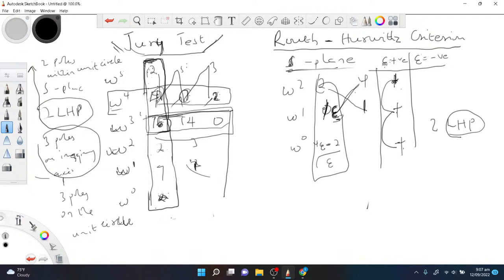And then you take epsilon to be either positive or negative. Please take it to be positive, so it's easier that way. You take it as positive and then you check. So this number here is 2. 2 is already a positive number, so positive. I say epsilon is positive, so positive.